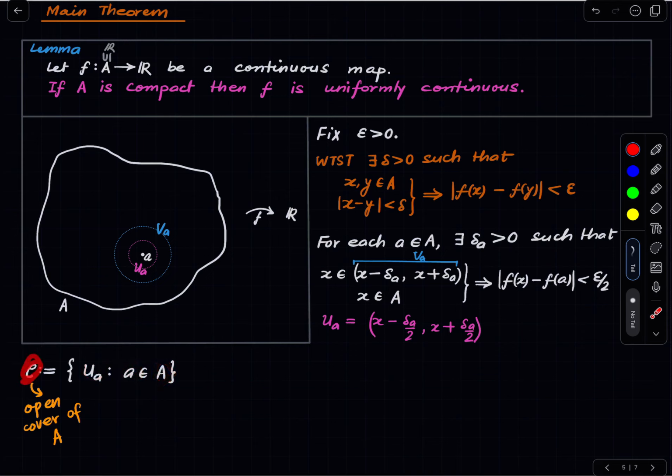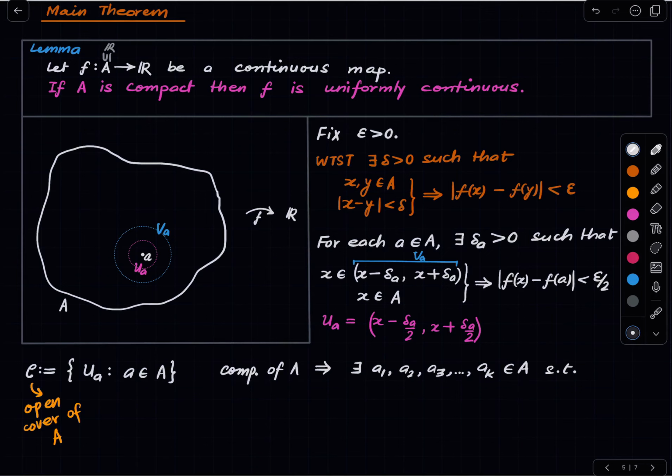So this is an open cover of the set capital A. And therefore, by compactness of A, there exist finitely many points in the set A such that the corresponding pink balls cover the set A.